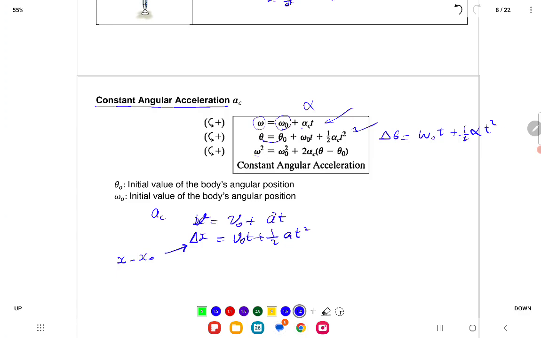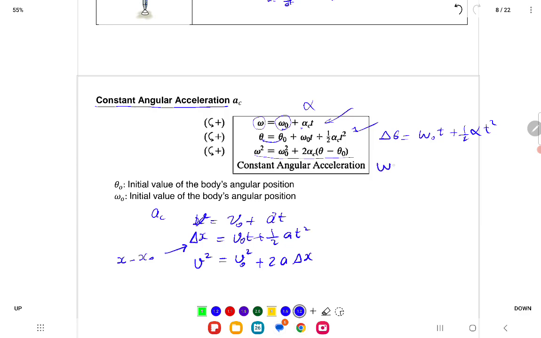And the same thing for the third equation. Remember in rectilinear motion, v squared is equal to initial velocity squared plus 2a, acceleration times the displacement delta x. It will be the same thing for constant angular acceleration.